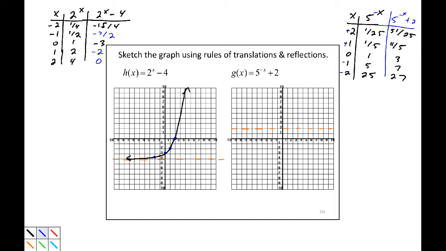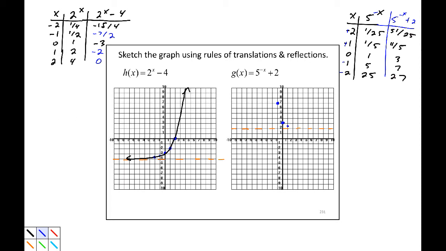So let's plot those points. (-2, 27), okay, I can't plot that point. But (-1, 7), I've got the point (0, 3). I have the point (1, 2.2).